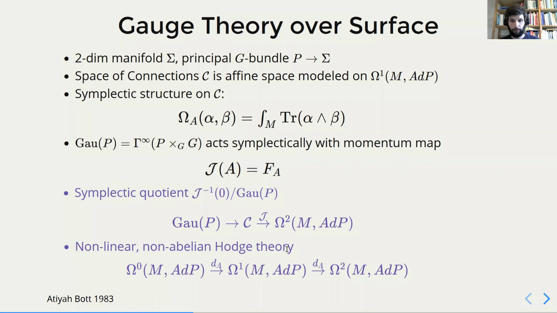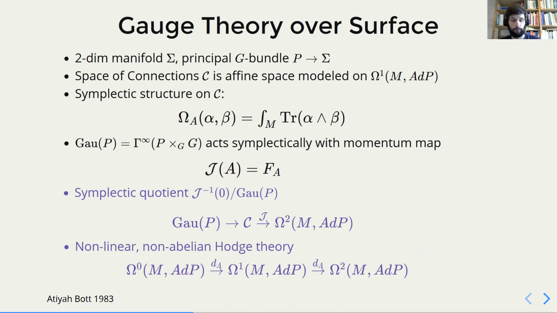Yes, and in the sense that it's the linearization of this Hodge complex, you can view this symplectic quotient, the moduli space of flat connections, as a non-linear version of non-abelian Hodge theory. And so this means that you can extract some geometric invariants that are a refinement of the traditional Hodge invariants. So you get a refinement of the Betti numbers.